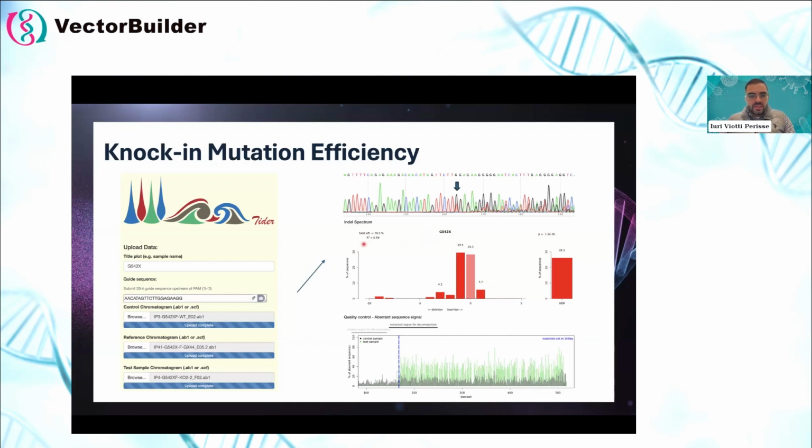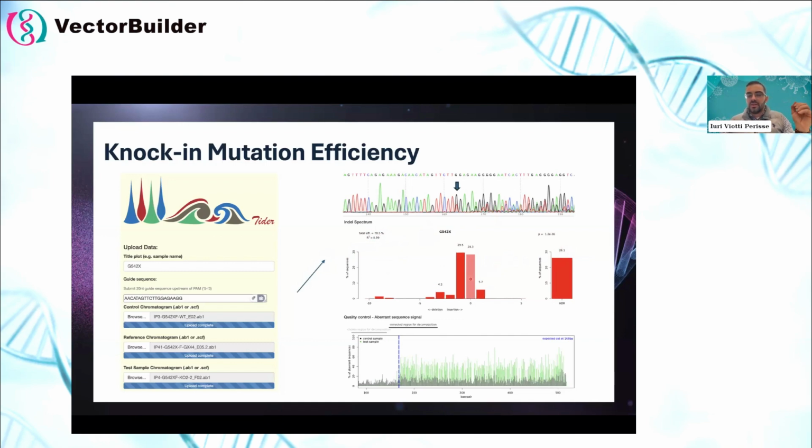So when we put it in the titer, it is able to provide better feedback on that and shows that 26% of the edits is actually related to the knock-in. So the total efficiency was 70%, and more than 1/3 of that is a knock-in mutation, which is extremely good.